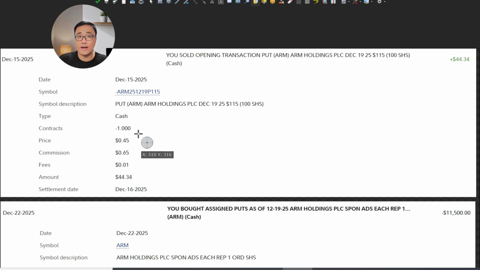One options contract is equivalent to 100 shares. So I would multiply 0.45 times 100, which gave me a payout of $45. And I had talked about in previous videos how these payouts are small and tiny, insignificant to you. Over time, you do these week after week, and not just one trade, you do multiple trades.